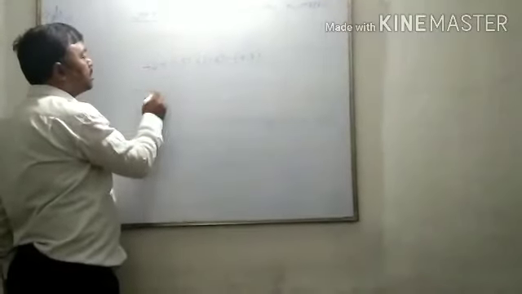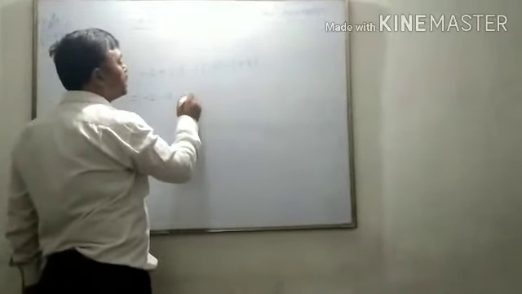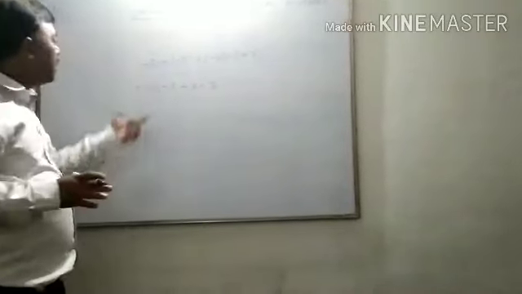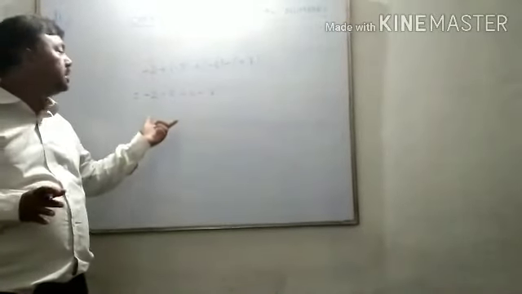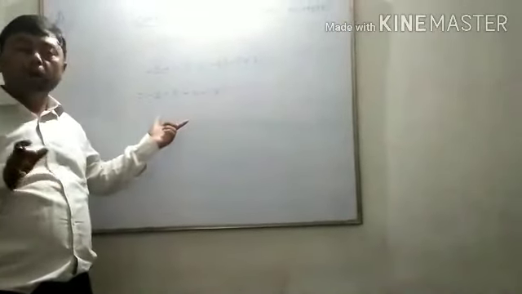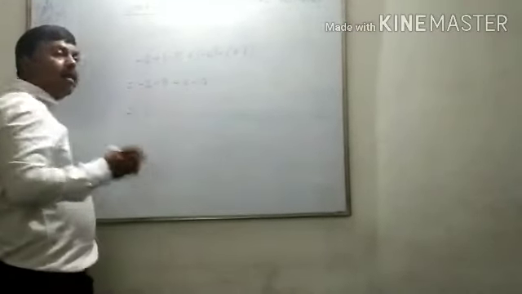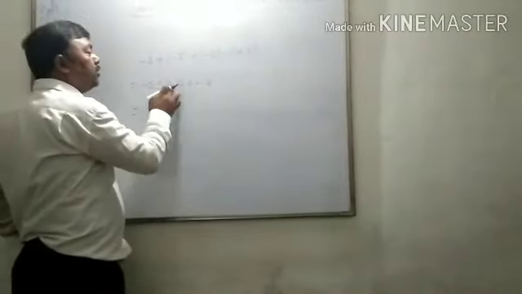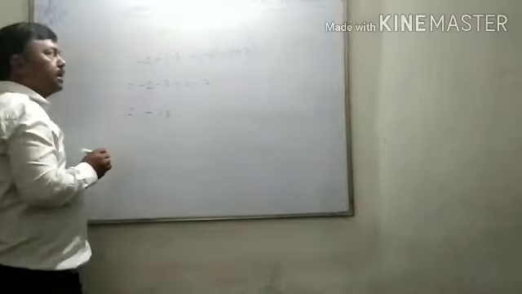So -2 plus minus -3 plus minus -6 minus plus -7. Now there is no multiplication or division, and a single sign is present with all numbers, so we will add all these numbers and use minus with the result. 3, 2, 5, 6, 11, 7, 18, that will be -18.